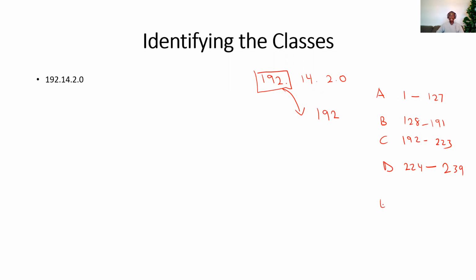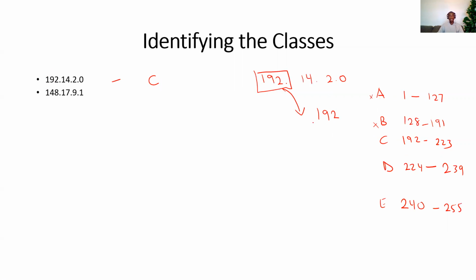And a class E, which is our final class, will be any number from 240 up to 255. Looking at the example we have, the first number is 192. In the ranges, you can see this cannot be a class A, it cannot be a class B. 192 falls in the class C range. That makes this number a class C IP address, because in order for you to find the class of the particular IP address, you look at the first number.